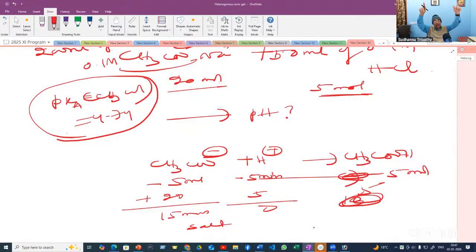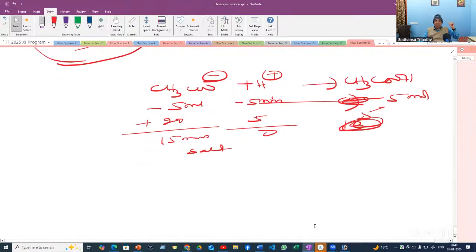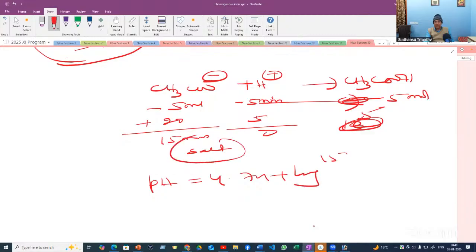Earlier salt was being formed and excess acid was remaining to form a buffer. Here acid is formed and excess salt is remaining, so you put pH is equal to 4.74 plus log of salt remaining 15 by acetic acid formed 5, that is log 3.